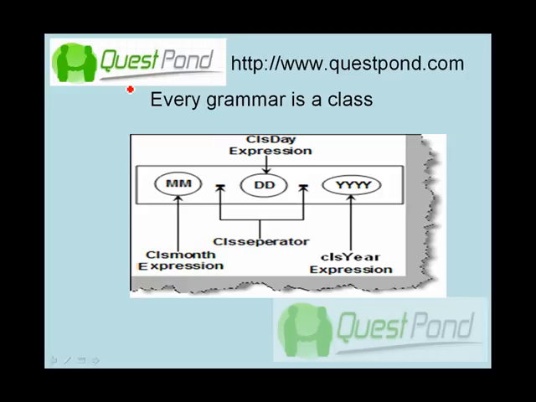Day is a self-contained grammar element. For each of these grammar elements we define their own classes. For the month we'll define the parsing expression in class CLS month. For the day we will define it in CLS day, and so on. So for every grammar element we have a class, and the class has the logic to parse that grammar element.